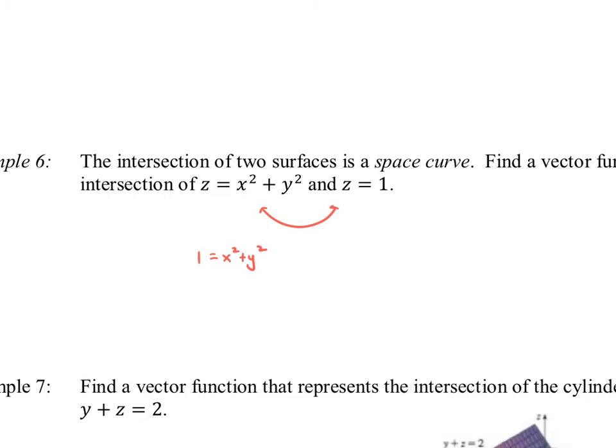Now remember, one of the ways, not the only way, but one of the ways that we can parameterize the variables here, so come up with a parametric representation, is to use the ones that we have learned in the past, which is x equal to cosine t. Actually, let me back up here for a second.